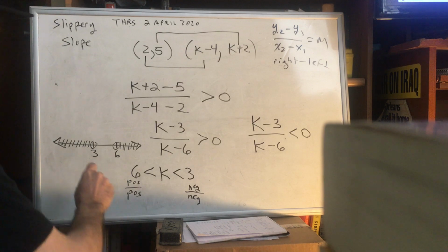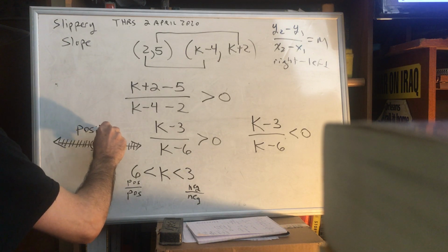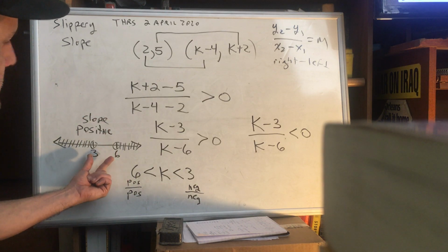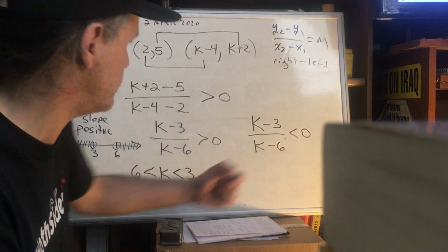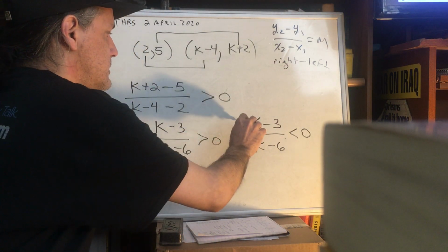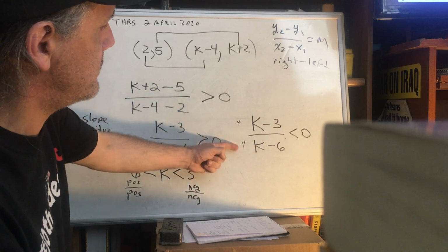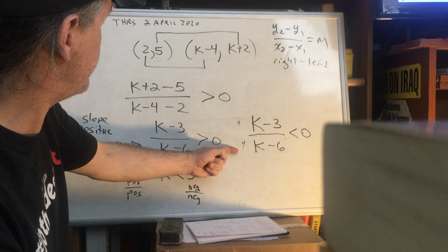And this is when the slope is positive. Well, since that's everything except in between 3 and 6, logically that's probably the case over here. Let's use a test point. If we put a 4 here and a 4 there, we're going to get 4 minus 3, 4 minus 6, positive over negative. Pretty cool.